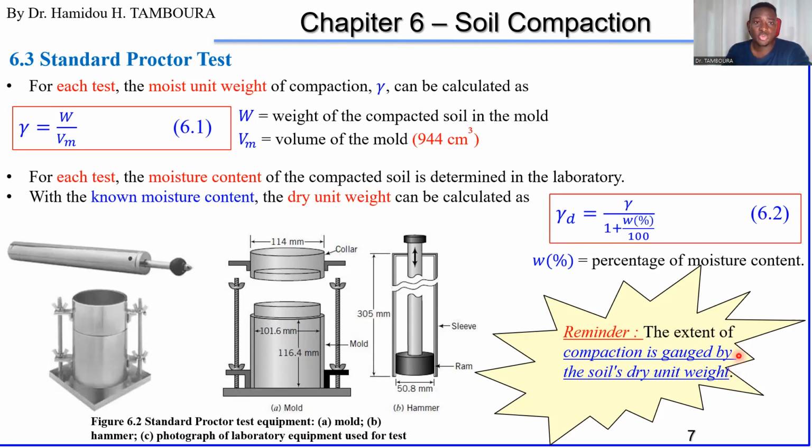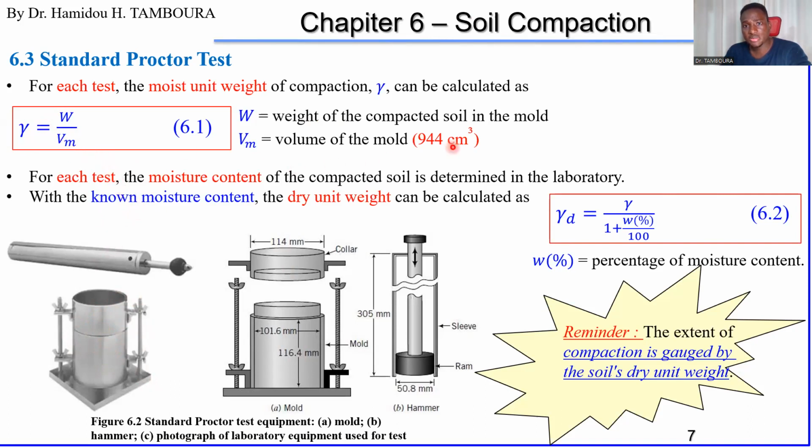Okay, so obtain your wet unit weight by doing the weight. You will weigh the soil, and I have explained how to obtain the weight of soil. Weight of the full mold minus weight of the empty mold. You obtain the weight of your soil.